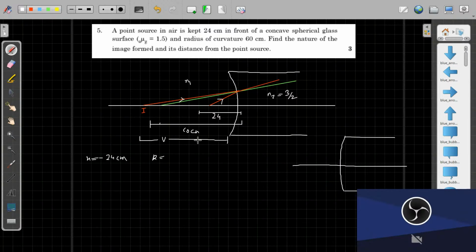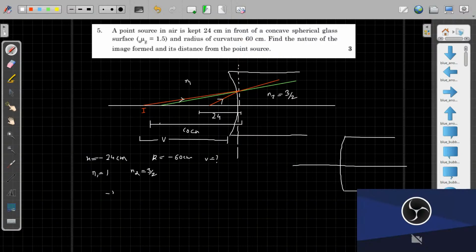And R, again measuring from here, this is our origin, should be minus 60 centimeter. Refractive index of air is N1 equal to 1, and glass N2 is 3/2. V is what we need to determine.